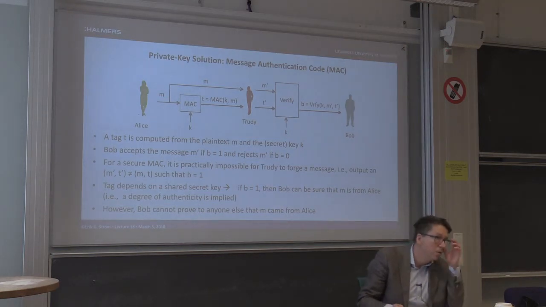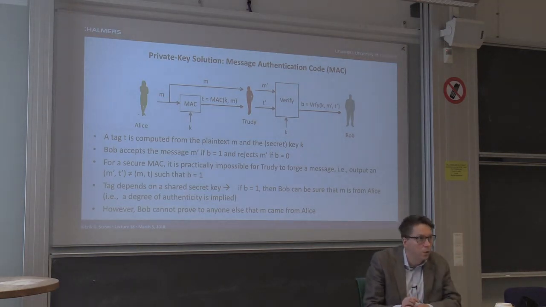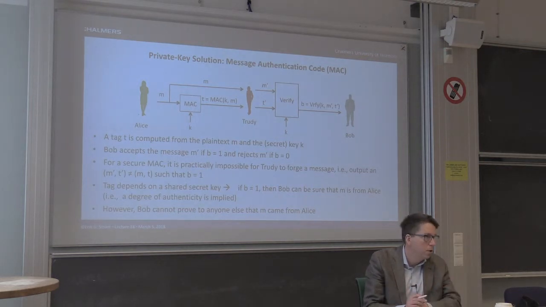I'm not going to go into the details here, but that's actually possible. Which means that here we have a scheme where forgeries are impossible. Impossible meaning with bounded computational resources, because Trudy with enough computational resources could output an M prime, T prime which is legitimate.